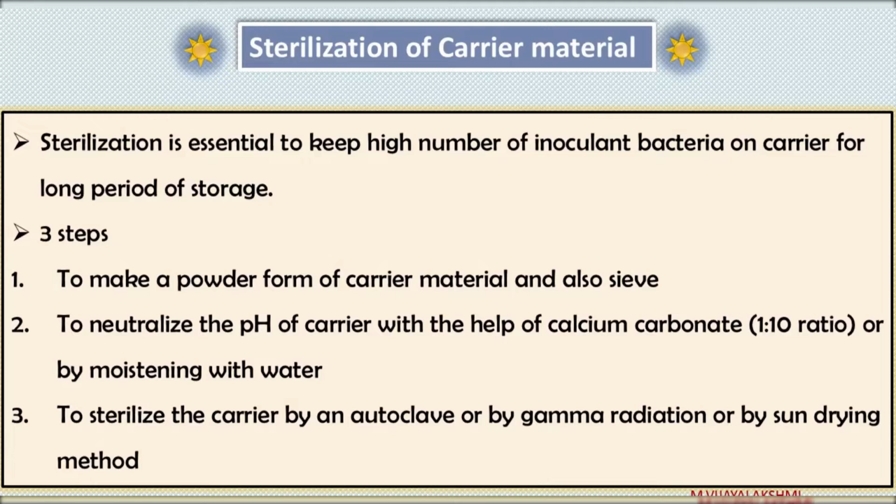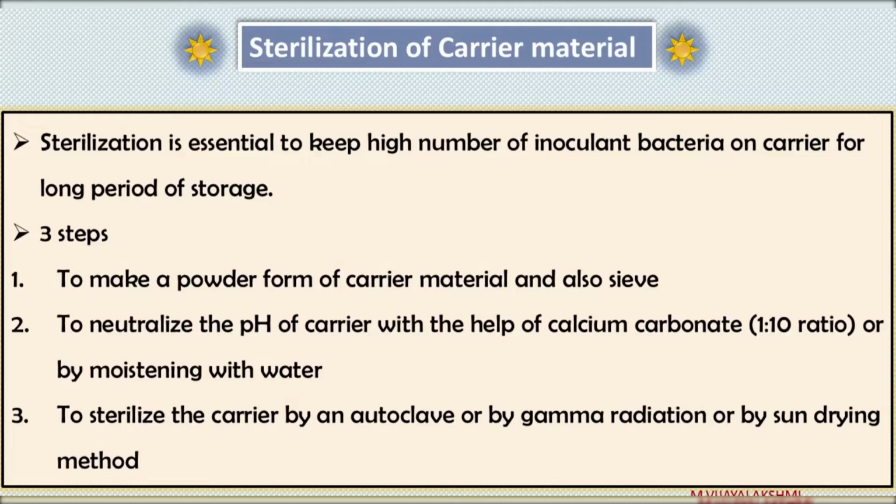So, there are 3 steps followed in the sterilization of carrier material. The first step is to make a fine powder form or granular form of the carrier material. For example, the rice husk ash must be sieved via different sieving filters, so you may get a fine powder.